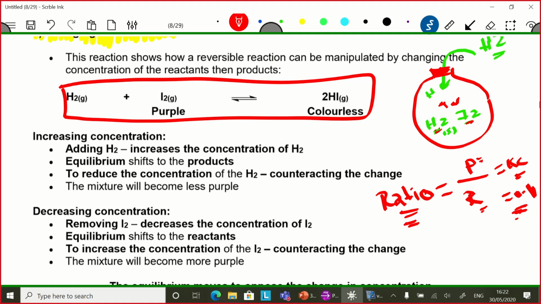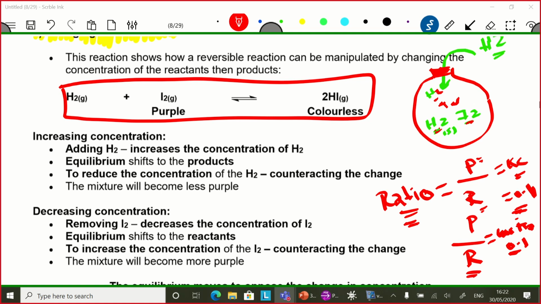Guys, no one? So I added hydrogen here. So this means the amount of the reactant has increased, isn't it? The amount of product is still the same. So this means this ratio is going to be less than what? Less than the 0.1, isn't it?